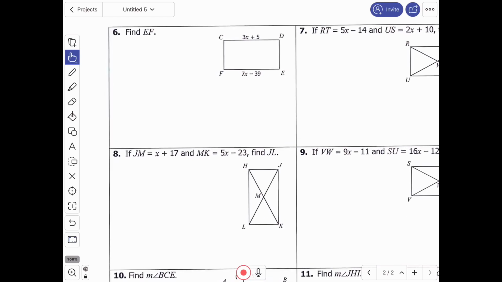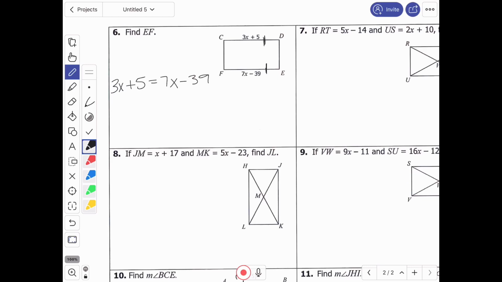Number 6, you just have two sides. So CD and FE, those are opposite sides, so they're congruent just like in a parallelogram. So I'm going to have 3x plus 5 equals 7x minus 39. Add 39 to both sides.